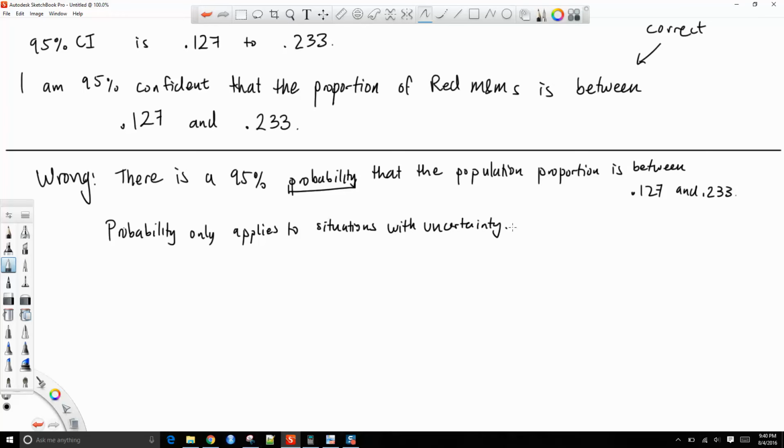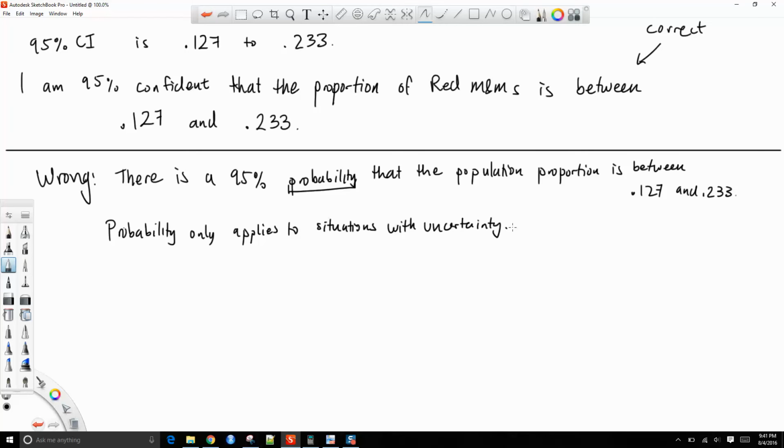So what you have to say is, I am 50% confident that it landed heads. It is no longer correct to say there is a 50% probability that it landed heads, because either it did or it didn't. There's no uncertainty, so it doesn't make sense to talk about probability.